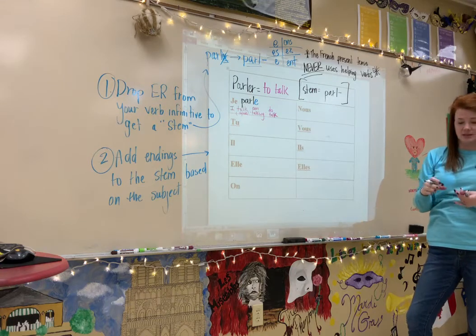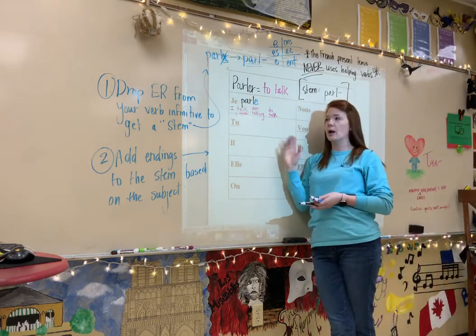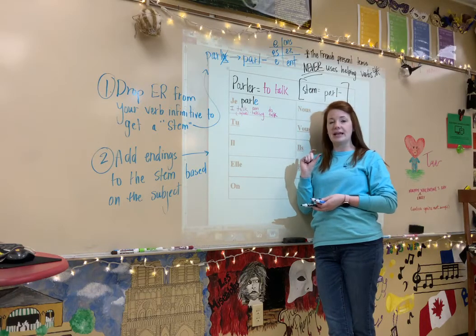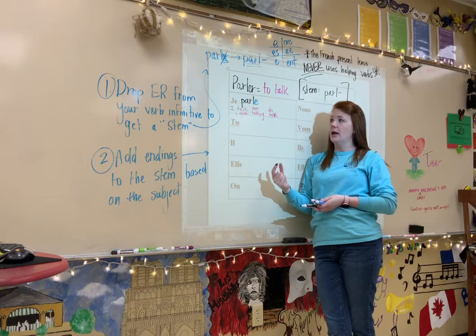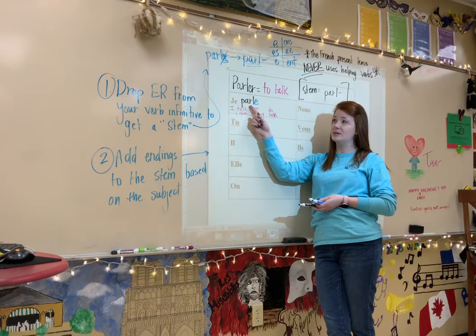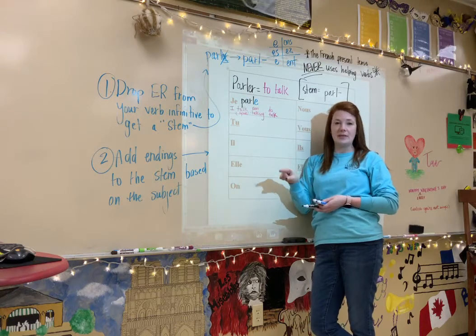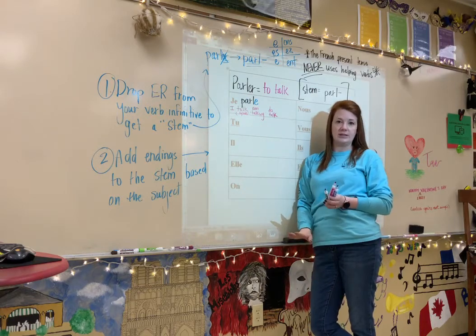What that means is, if you are translating something and it says, I am writing on the board, you don't have to say "am" because it's built in. I am talking to the teacher, you just say I talk to the teacher, because that "am" is built into this conjugation right here. When you drop that ER, you add the E, it says all of these things all at one time.